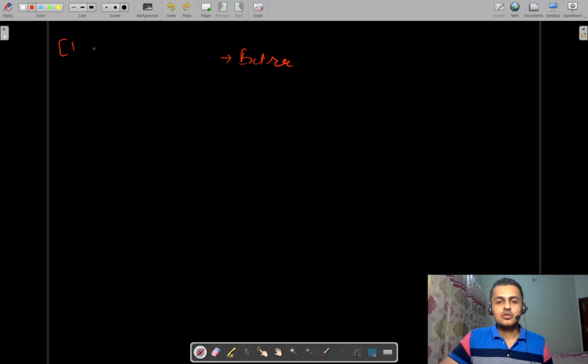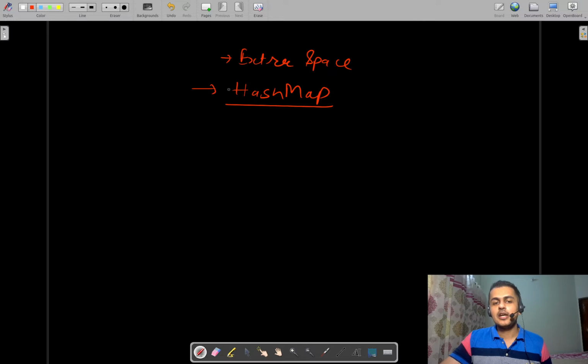So extra space can be used, and we will use a data structure which is known as hash set, or hash map actually, because there may be elements occurring twice, so we can use the hash map to find out which elements are occurring. And because of use of this extra space, we will be able to solve this in a linear time complexity, which is order of n.